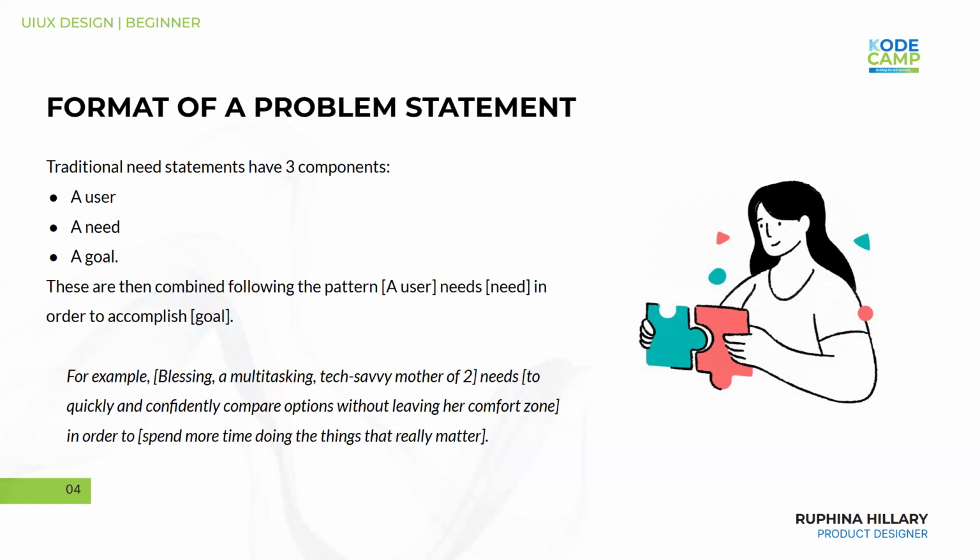But your problem statement should not, from the very beginning, start pointing at solutions, because when you start pointing at solutions at the very beginning of crafting your problem statement, you limit your ideation, you limit the ideas that can come up.